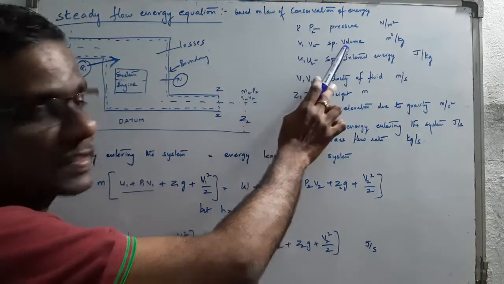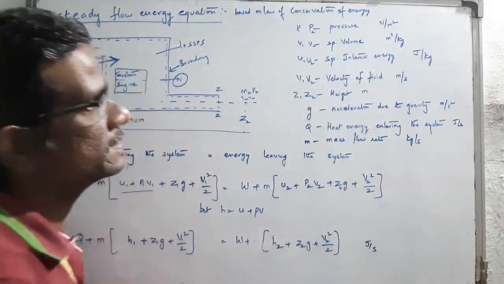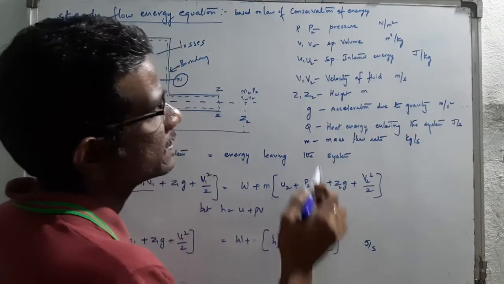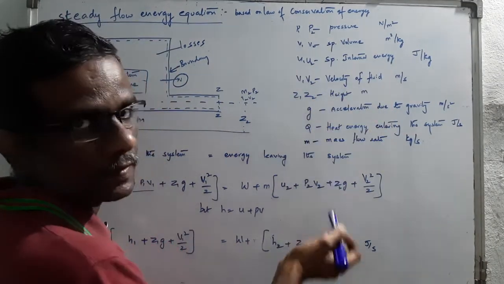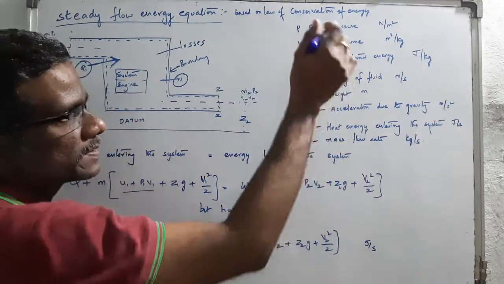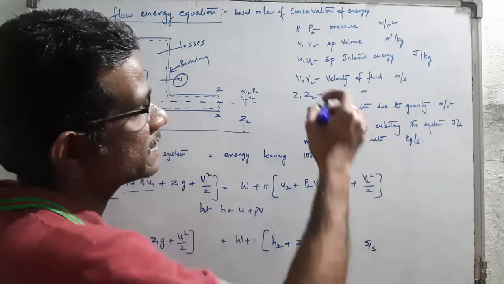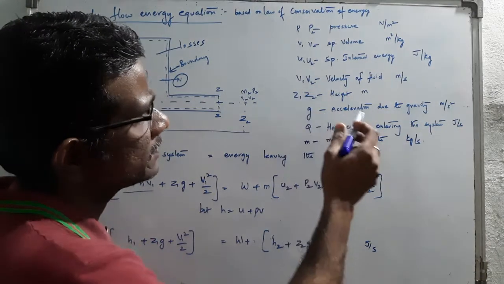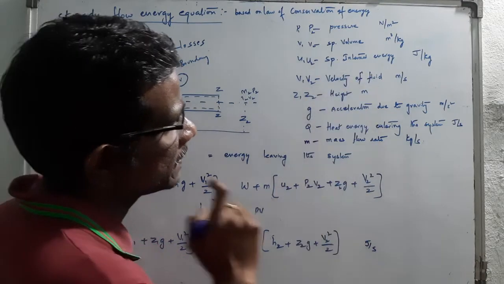Small v1, v2 are the specific volumes, meter cube per kg. U1, U2 are the specific internal energies, joules per kg. Capital V1, V2 are the velocities of the fluid. Don't confuse small v1 with this V1: small v1 represents specific volume, whereas V1, V2 represent velocity. Z1, Z2 are heights.